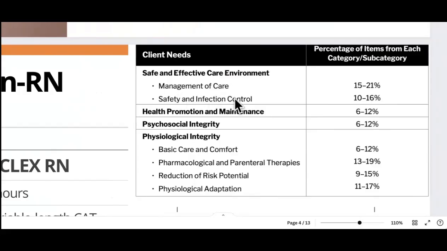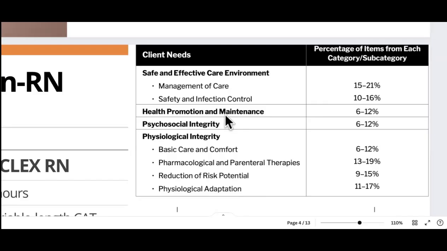There's also safety and infection control, health promotion and maintenance, psychosocial integrity, and then the 4 categories that fall under physiological integrity, which includes basic care and comfort, pharmacological and parenteral therapies, meaning the IV drugs are the domain and the scope of practice of the RN, reduction of risk potential, and physiological adaptation.